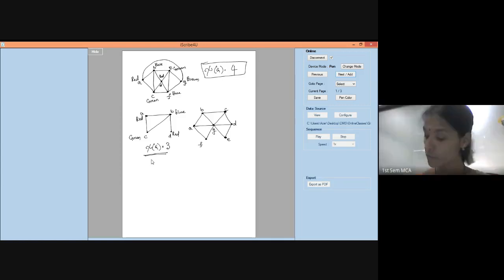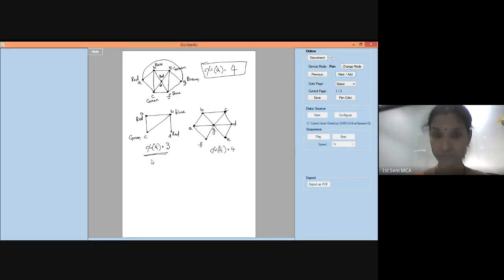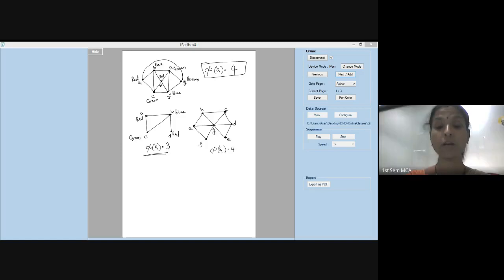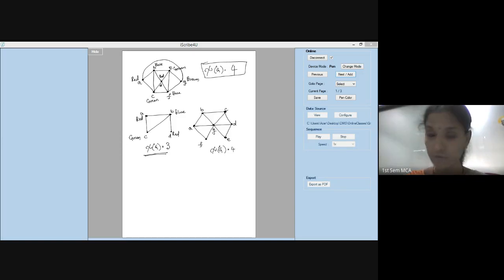Right. Find it for the second one. 4, ma'am. 4, is it? I haven't done it. You tell me what the answer is. Others? Somebody said 4. What about others? Can I have a couple of more answers? Shadab? 3, ma'am. Somebody is saying 4, somebody is saying 3.